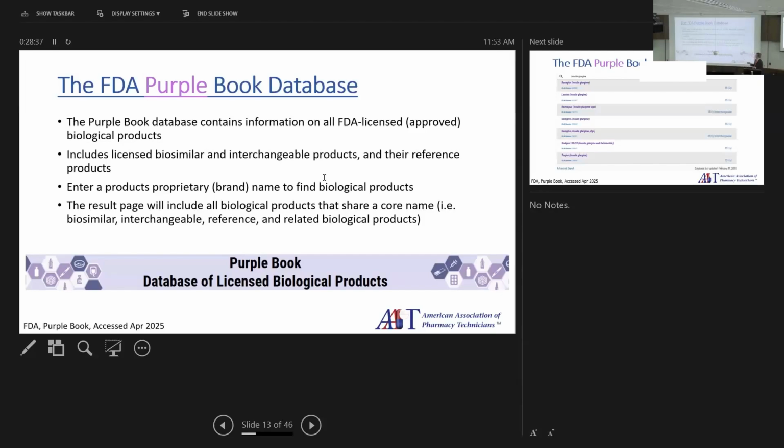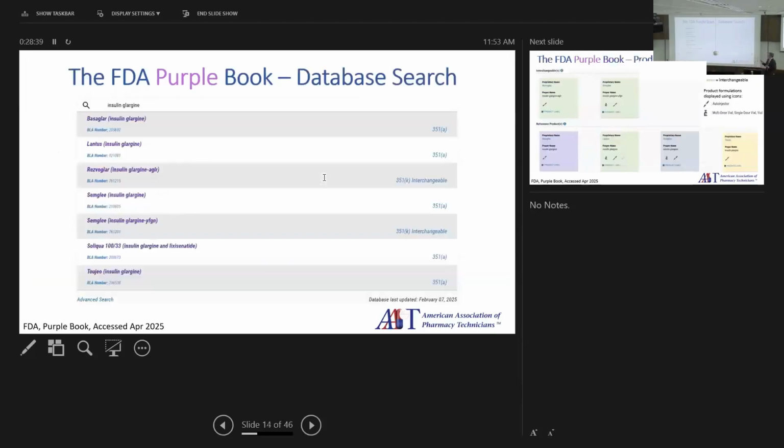So you will go to the FDA Purple Book. You can search. So here I am again just sticking with what people are probably most familiar with as the most common biosimilar, but I search insulin glargine in the FDA Purple Book database, and then any biosimilar of insulin glargine will result.